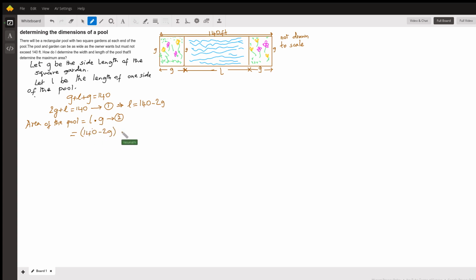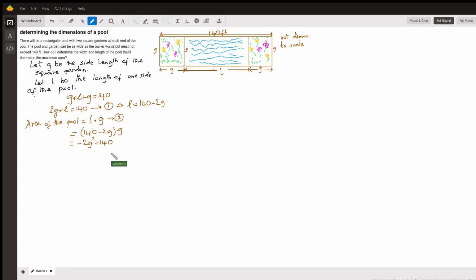Then you multiply that by G. If I simplify this, I have 140 times G, that's 140G, minus 2G times G, that's minus 2G squared. I'm going to write this in standard form, meaning the term with the highest exponent first. So this will be negative 2G squared plus 140G.